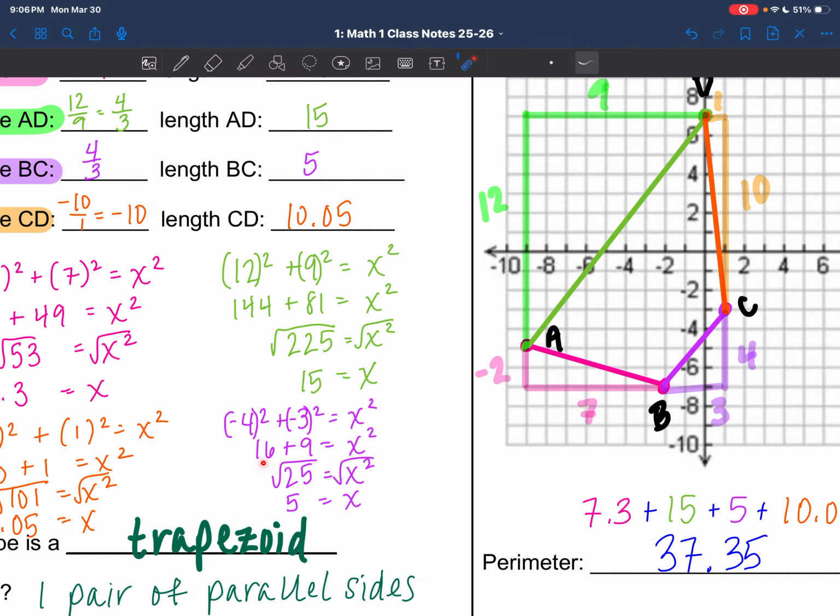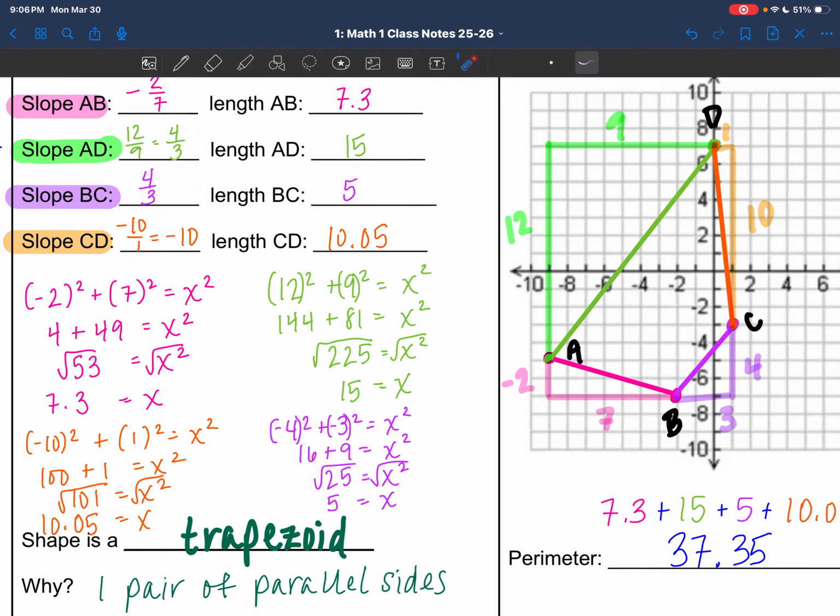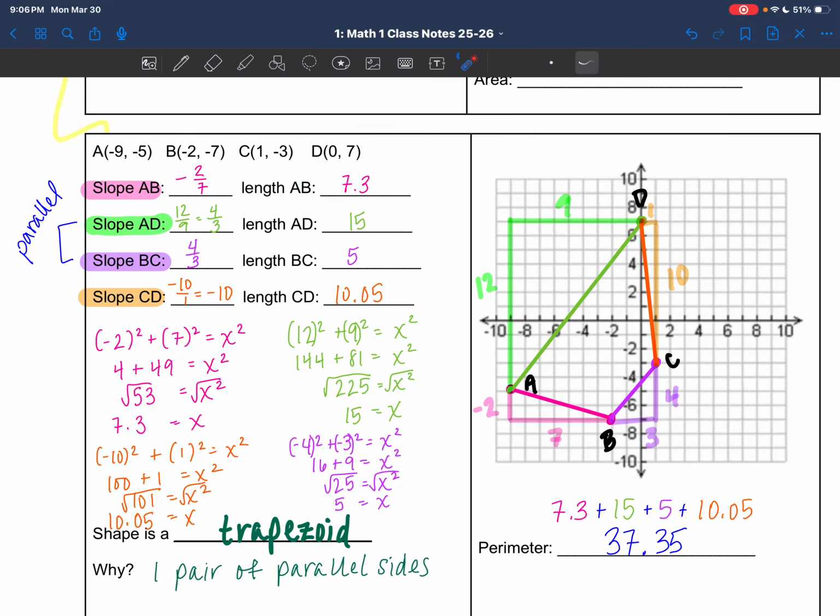All right, and so I've got 16 plus 9 equals x squared. 16 plus 9 is 25. And then to undo the square, you need to take the square root of both sides, so x is 5. So this length right here is 5. All right, and then for CD, which is right here, you can go up 10 and to the left 1. So my slope is negative 10.